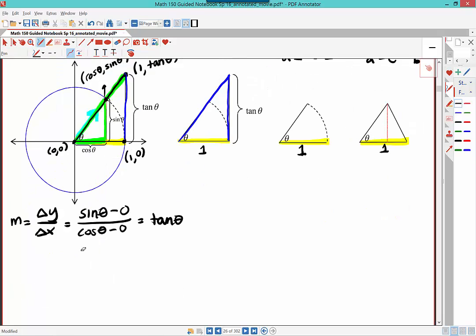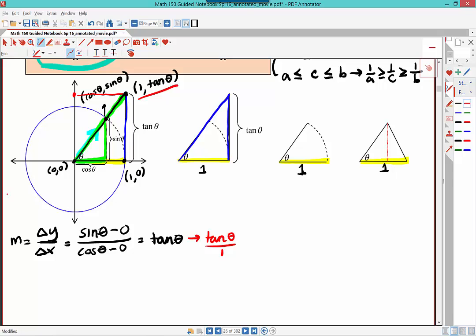So if you're making a slope triangle here, and you go tangent theta up, which is here, tangent theta is the same as tangent theta over 1. So if you go tangent theta up, you got to go 1 to the right. So that's where we get the ordered pair 1 comma tangent theta, just using slope.